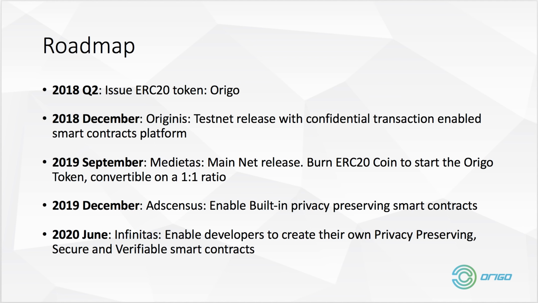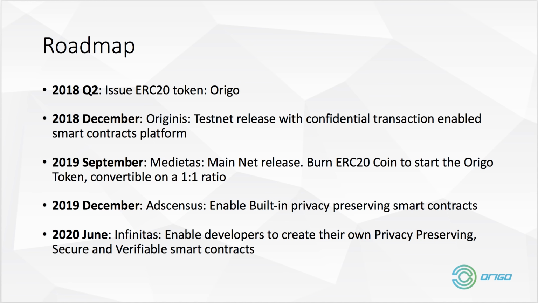Yeah, and at the end of this year, like December, we'd like to launch the testnet release, with the functions to enable confidential transactions, and also we can enable smart contracts. You could think of it as Ethereum's normal public contract functionality, plus confidential transactions.